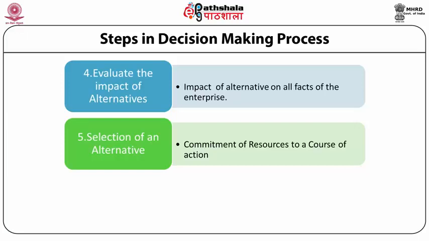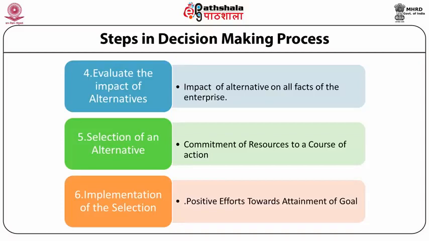Then the sixth would be implementation of the selection. This is providing positive efforts towards the attainment of the organizational goals. So now, dear students, you know that there are 6 steps which should be followed for effective decision making.